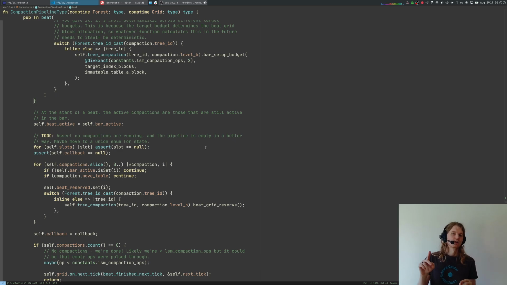We go through all the tables on level A and we find all the tables on level B which intersect this table from level A, and then we pick the table A which intersects the smallest number of tables from level B. And by the pigeonhole principle, given that level B is at most LSM growth factor times larger than level A, we have a table in level A which overlaps less than LSM growth factor tables in level B.